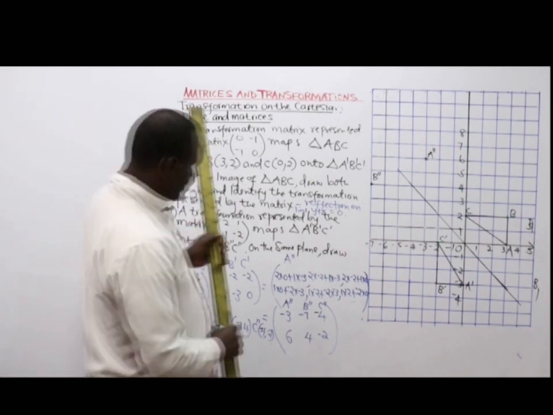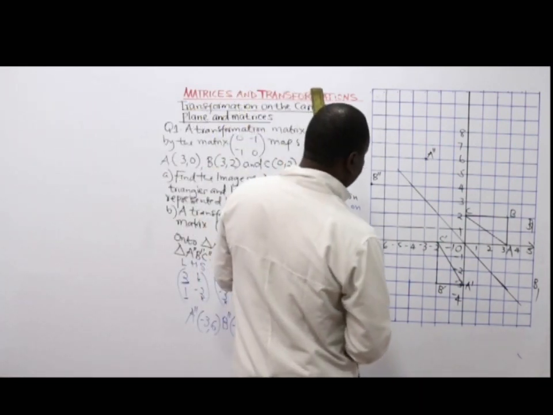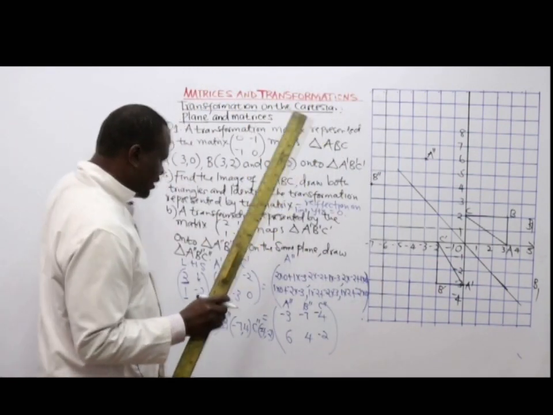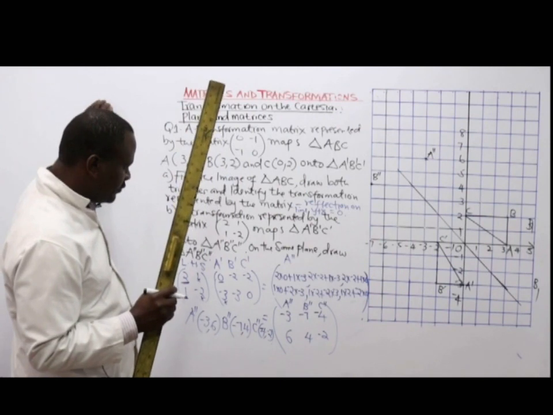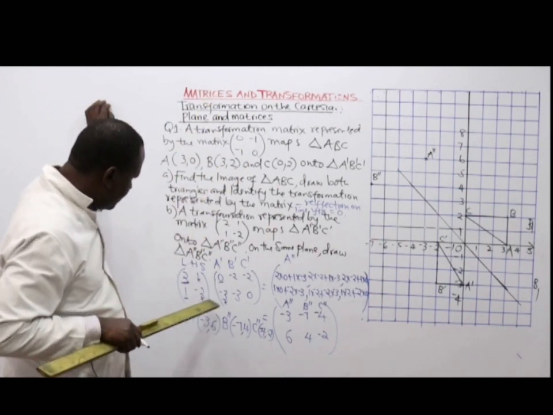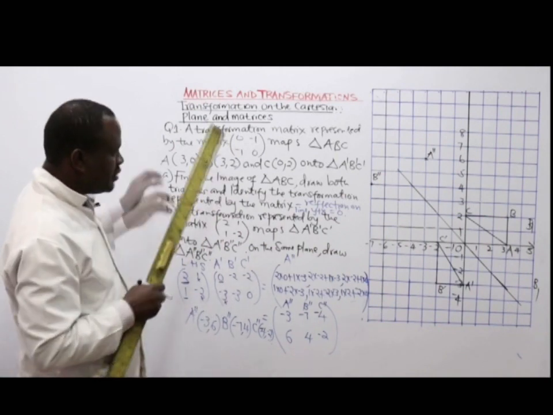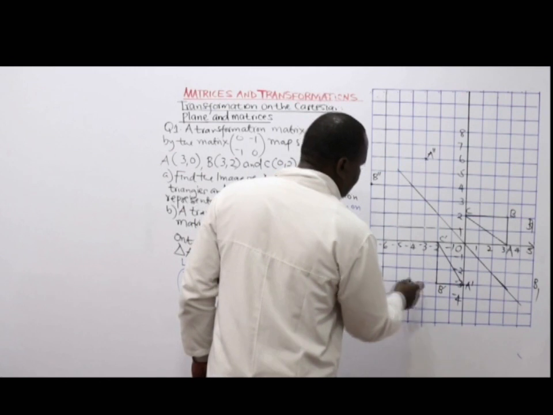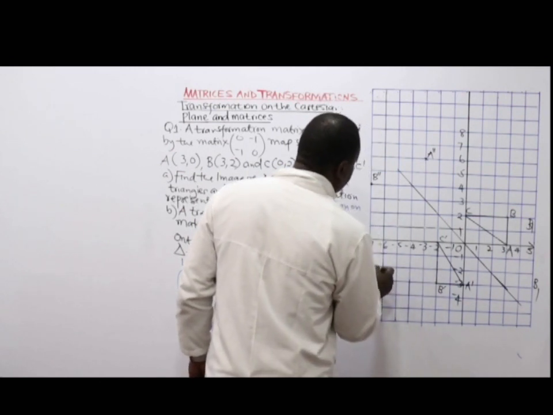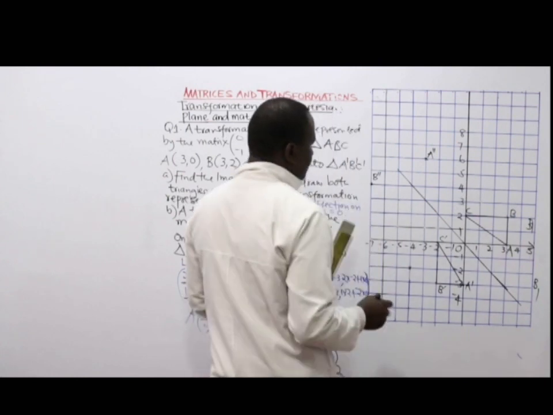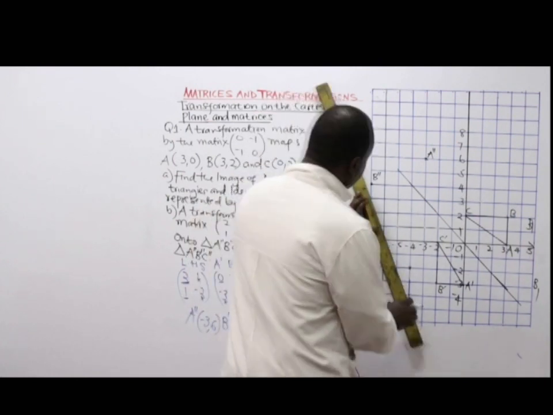So we get -4, -2, -4. Now again we find out whether it is -2. Yes, -2, -4, -2. Yes, that is correct now.